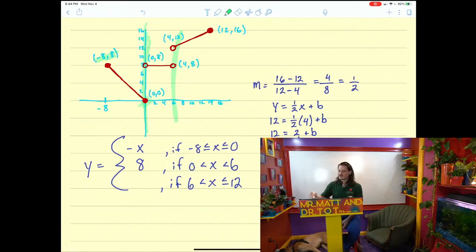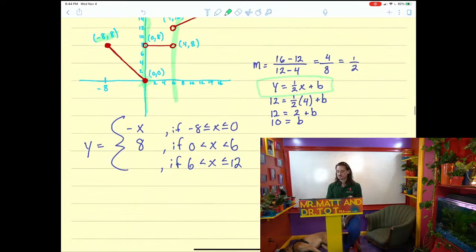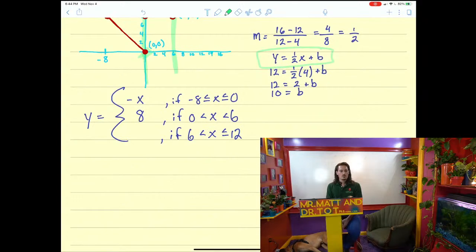Once I know that, I can plug it into the general form of y equals mx plus b. Now that I know that m is equal to 1/2, y must be equal to 1/2 x plus b. And then I can use any point on that line. I'm just going to use the point that has smaller coordinates, 4, 12. And so I get 12 is equal to 1/2 times 4 plus b. 1/2 times 4 is 2.